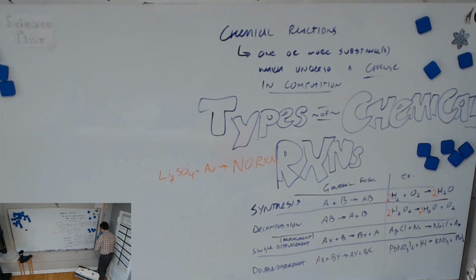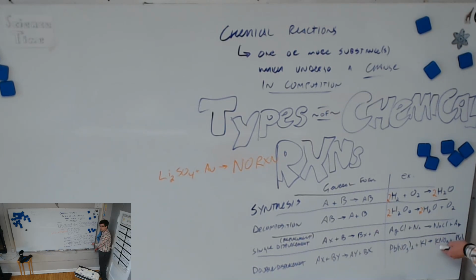As a side note, is this balanced? No. Remember one of our little rules about balancing: if a polyatomic ion, like in this case nitrate, stays the same on both sides, we can just treat it like an element. So how many nitrates do I have on this side? I have 2 nitrates on this side.